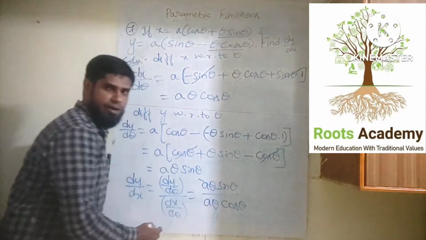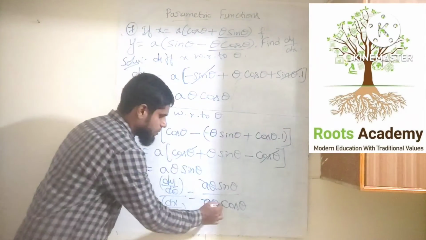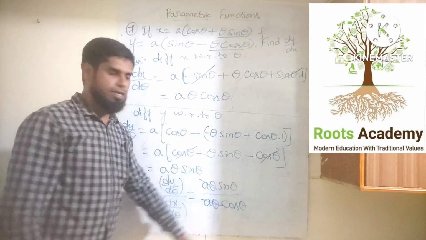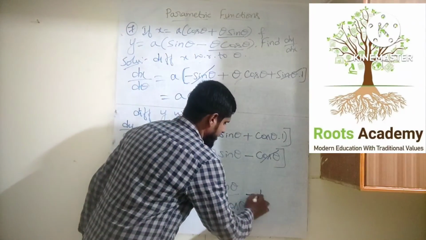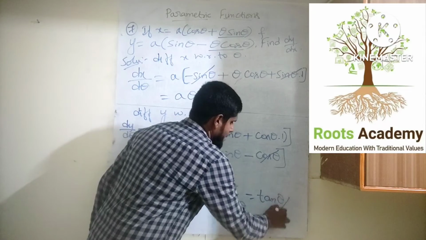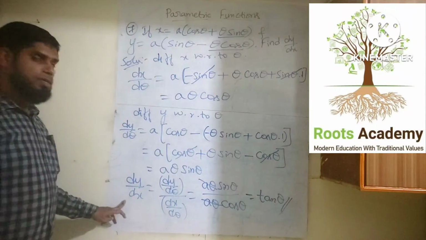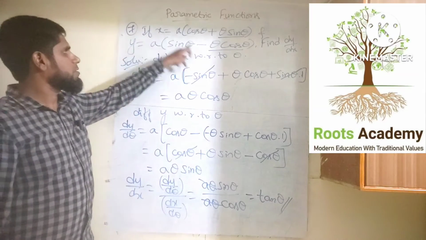A theta in the numerator and a theta in the denominator get cancelled. Now sin theta by cos theta is tan theta. Tan theta is our final dy by dx for this function.